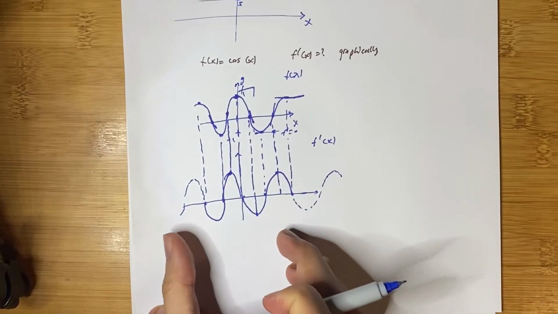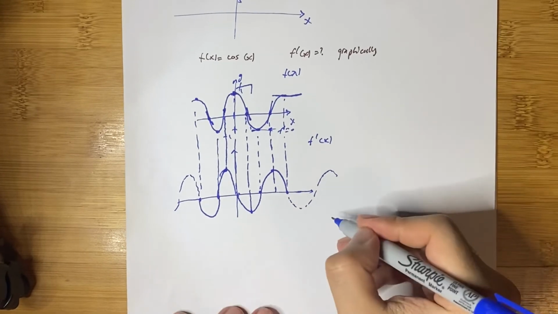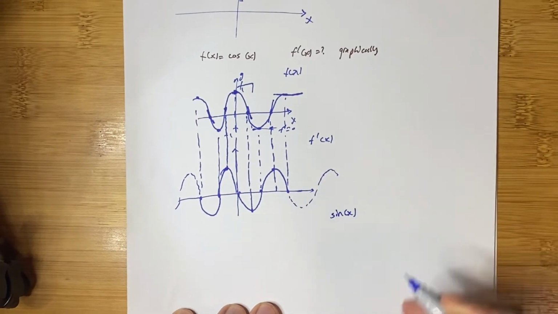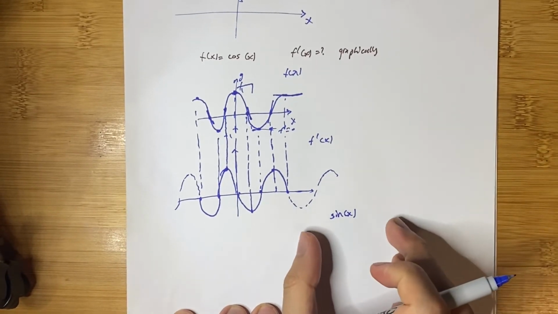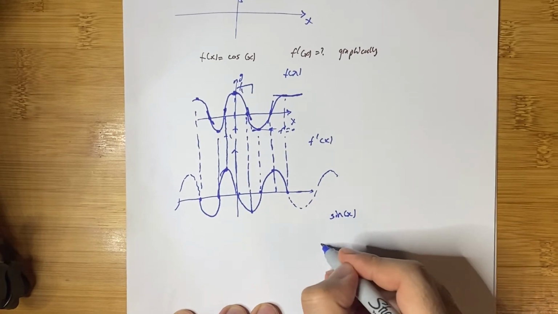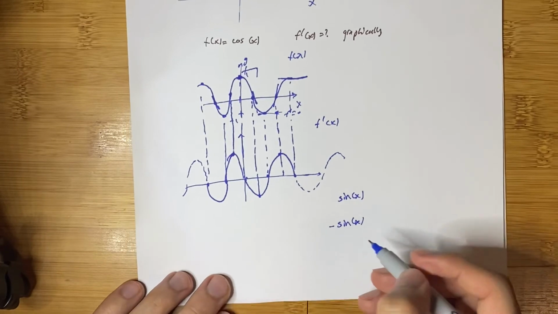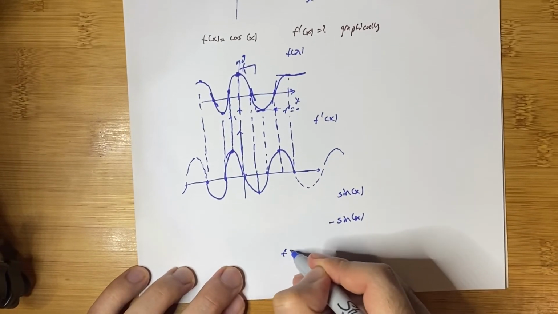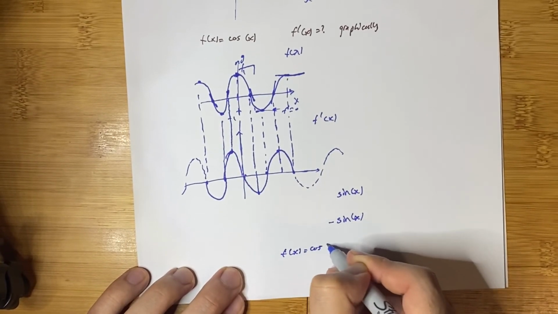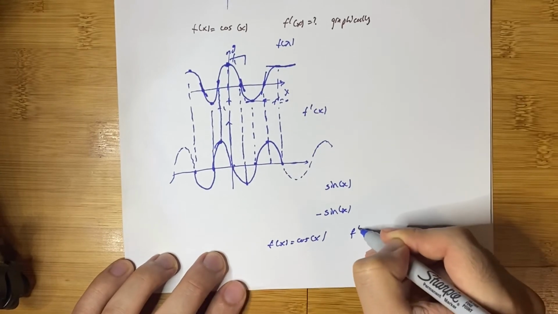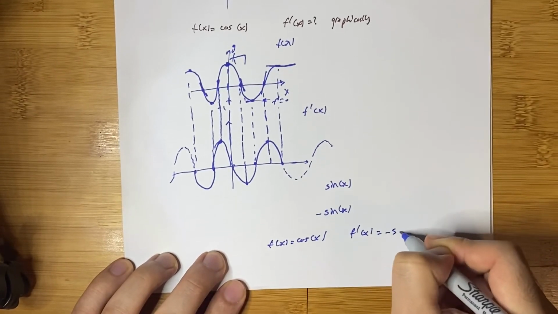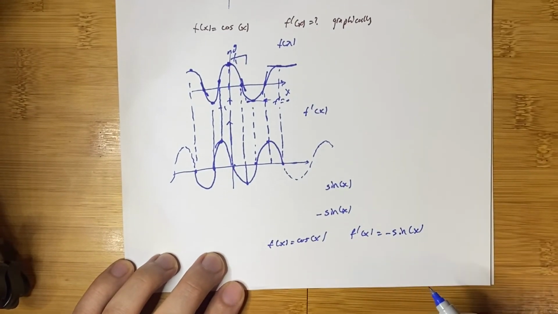And this looks very similar to the sine function, but actually it's not. It's similar, but it's flipped. It's sine of x. So if f of x is cosine of x, its derivative will be minus sine of x.